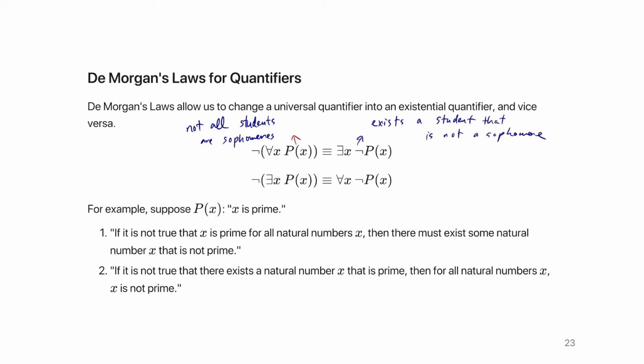The second one says if there doesn't exist a sophomore, then all students are not sophomores. Is that clear? So what this one is saying, if there does not exist a sophomore, this one says all students are not sophomores.